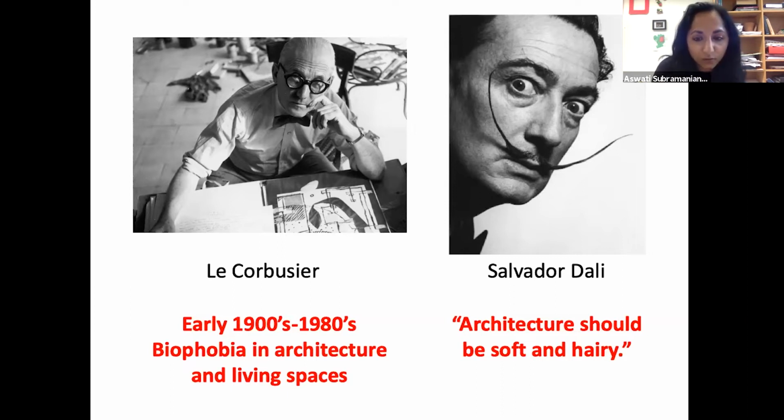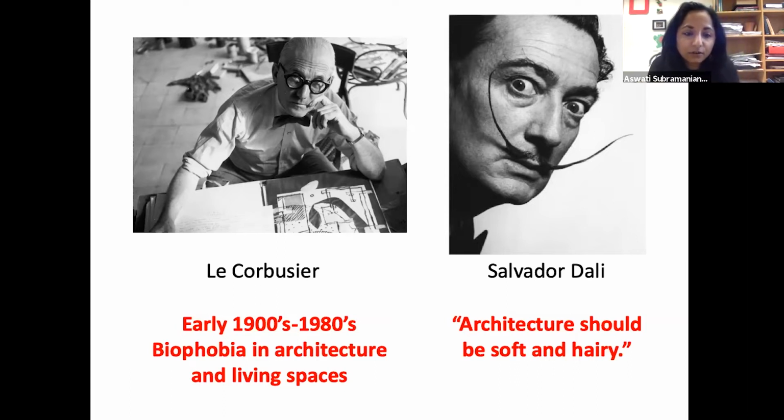Le Corbusier was an architect who during the early 1900s came up with a concept of architectural spaces that were very biophobic, because he was building structures that, even though they were artistic, were protecting us from the elements of nature. And so that sort of architecture took off in a huge way, all the way through the 1980s.